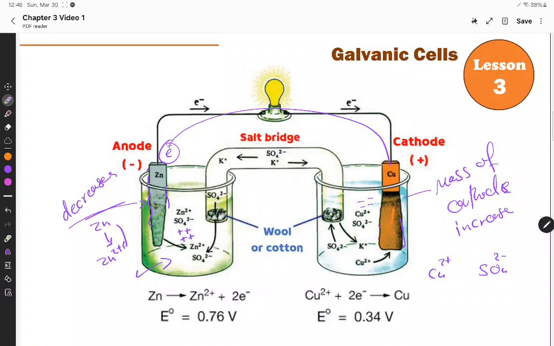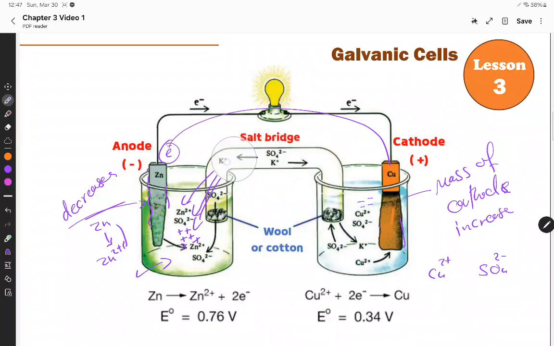What is it going to do? It's going to take sulfate negative ions and keep them in the salt bridge. Now, when the positive ions increase in the anode, it's going to pass these sulfate ions into the anode half cell. Now the zinc ions will be balanced by these negative ions.